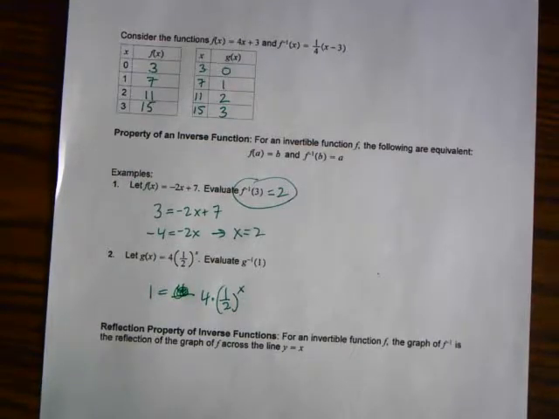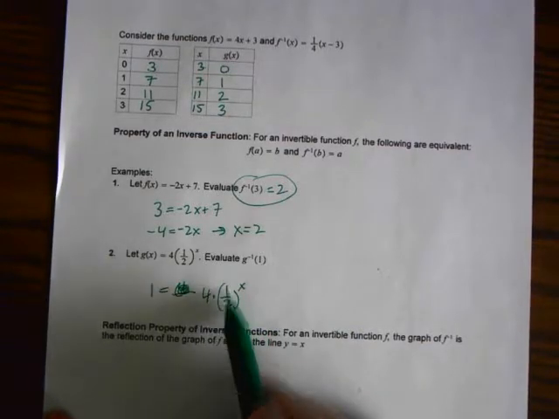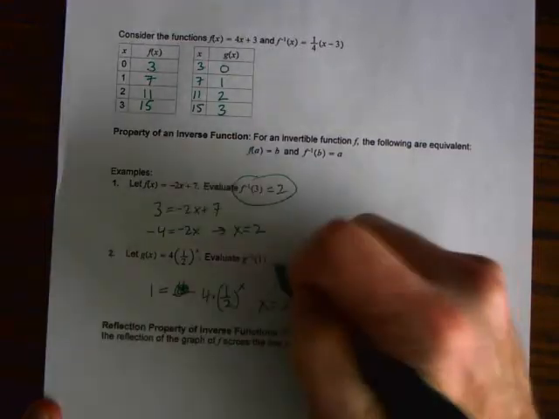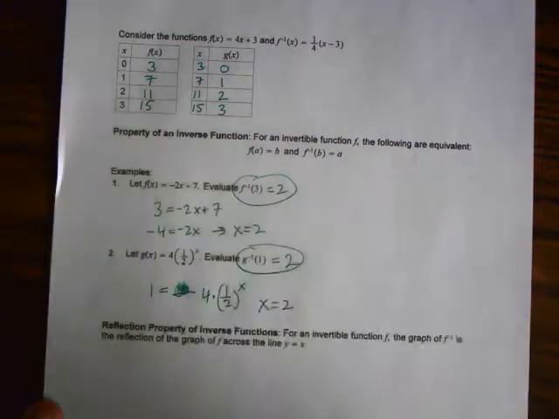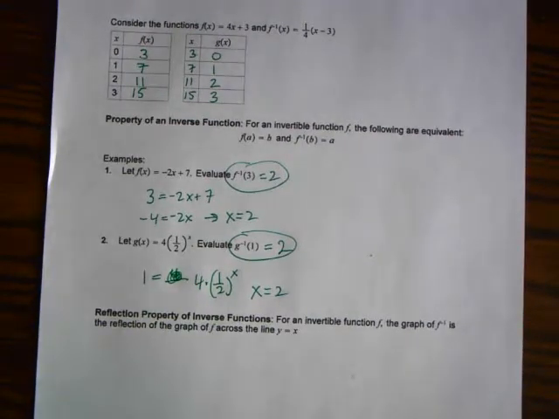All right, well, this one I'm just going to solve by inspection, really. And what I'm thinking is if I plug 2 in right here, I get 4 times 1/2 squared, which is 4 times 1/4, which would give me 1. So again, we don't have the skills to solve that one as an equation, but we can solve it by inspection, or you could use your calculator.